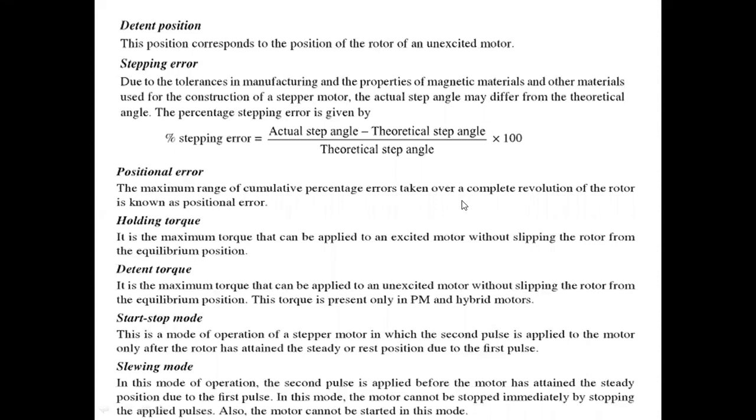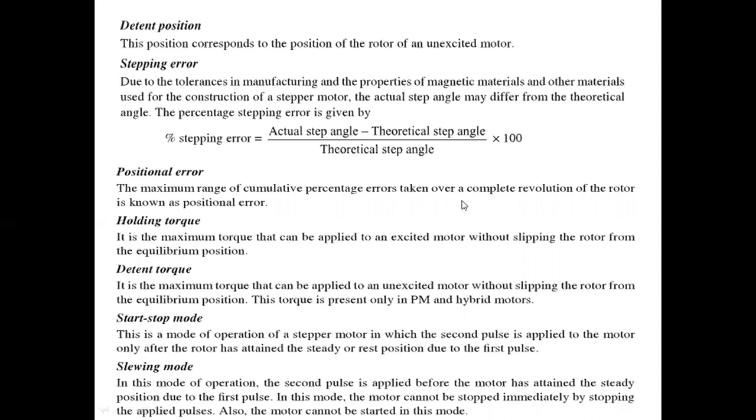By changing all these degree values, there is some error. Why? Because these are practical motors which we are working with. The total error of the 60 step angles in one complete revolution is nothing but the positional error.